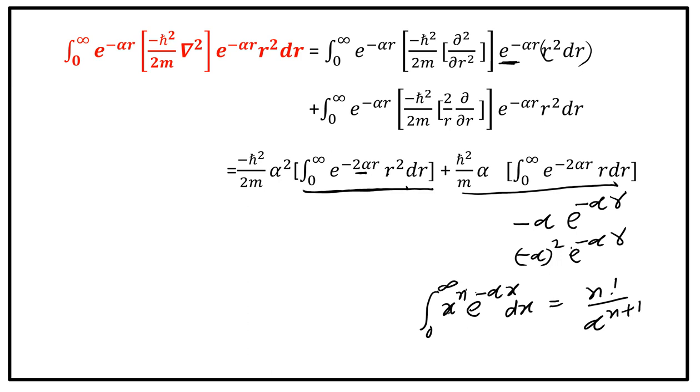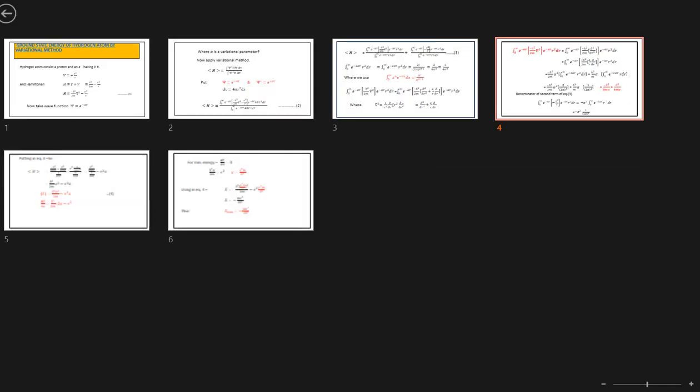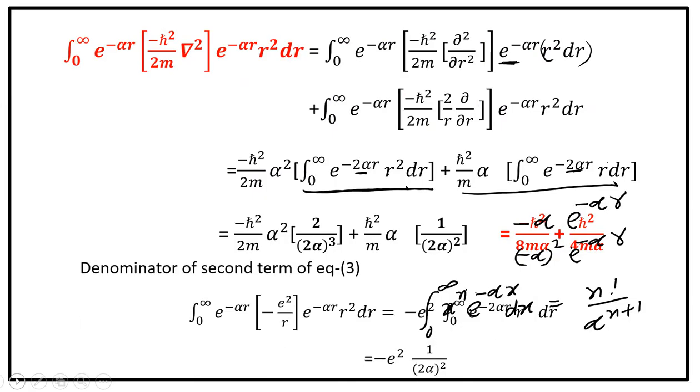In the second term, r to the power 1 means n is equal to 1 and alpha is equal to 2 alpha. So after applying the beta gamma function, you will get this term.